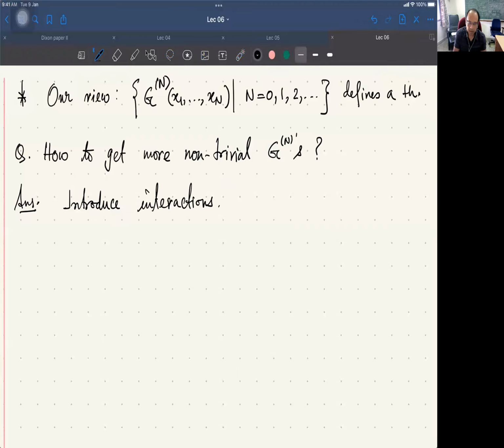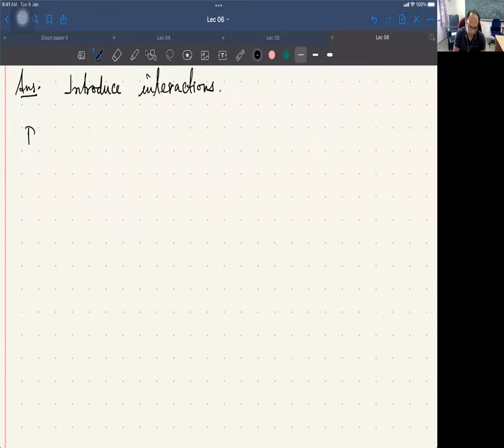So here is the procedure for introducing interactions. So first, recognize a set of diagrams to be some primitive diagrams.